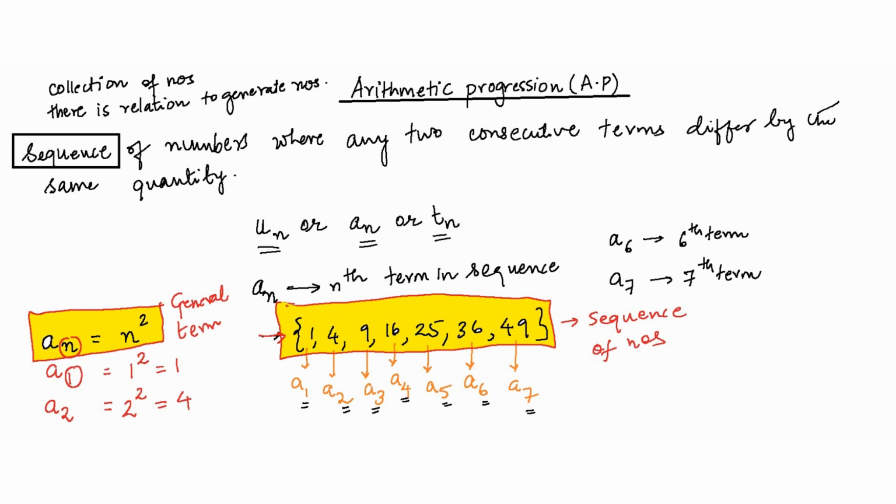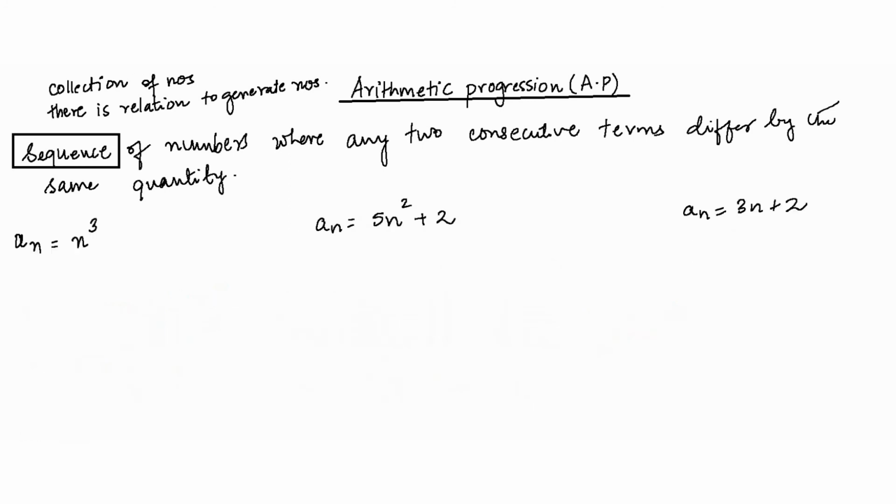Now I could take up some more examples for showing you the concept of sequence and the terms. So let us consider the following general terms. An is n cube. Now please remember that n can only be a natural number. It cannot even be a whole number. So n cannot take a value of 0.